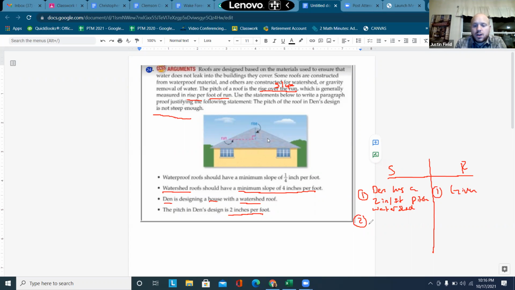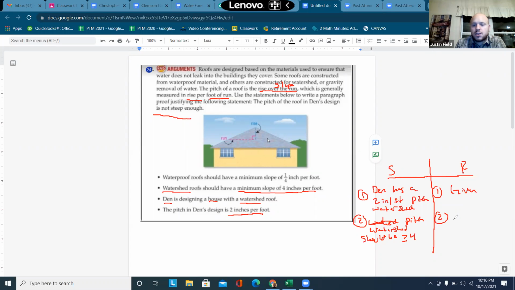But now we know that watershed pitch should be greater than or equal to 4.